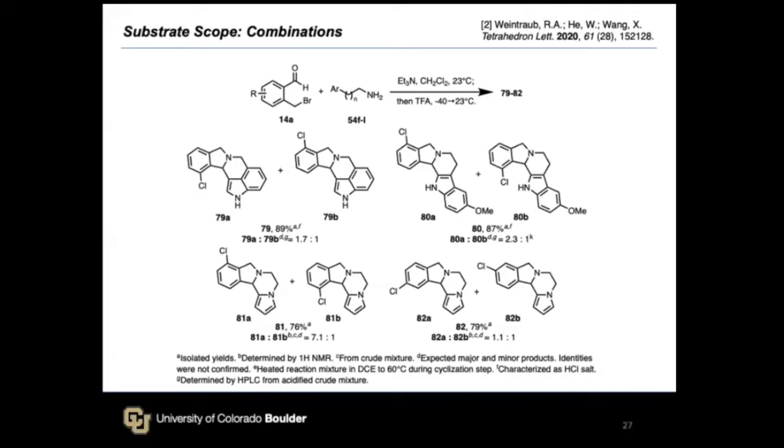However, unfortunately, the reaction of the 4-chloroaldehyde with the pyrrole amine substrate, product 82, still gave an inseparable mixture of regioisomers.